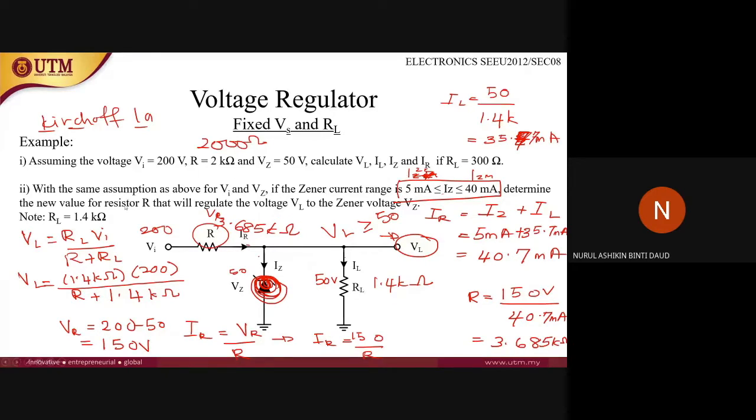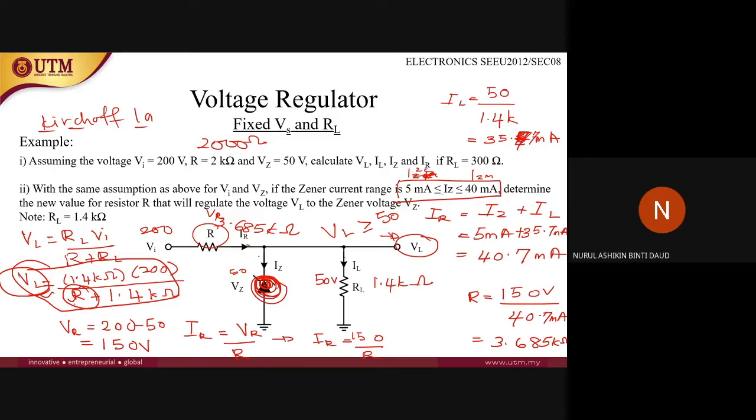Or this one, the one that I showed to you, the left side. I just want to inform you that this is the information for VL. To find VL, it is 1.4 kilo ohm times 200, divided by R plus 1.4 kilo ohms, right? But you don't know the value of R, and you don't know the value of VL. So for this equation, you don't know two things.